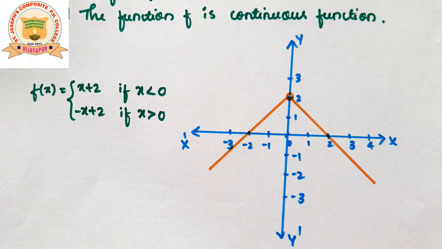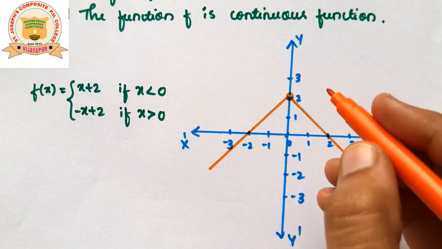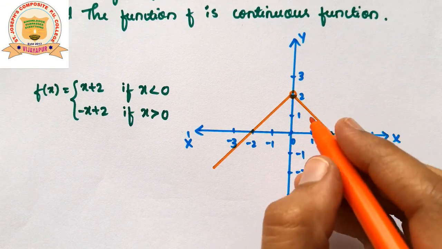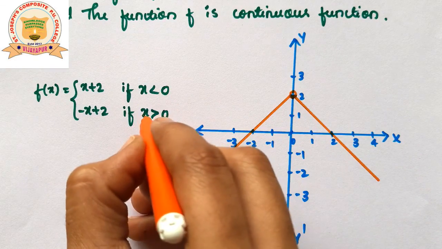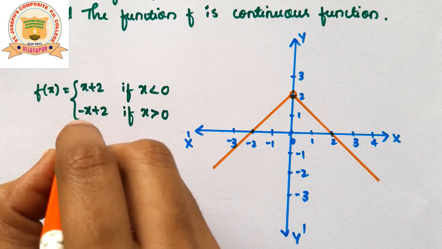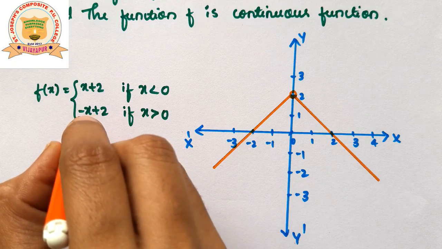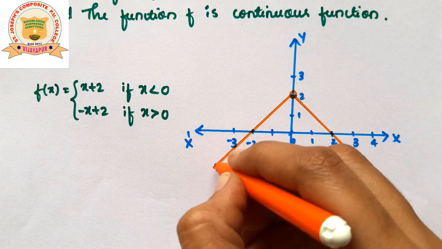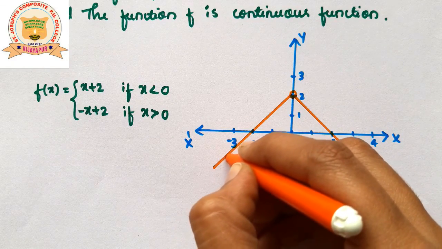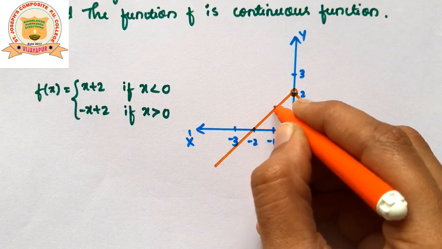If you see the graph of this function, we will get the graph like this. For x less than 0, the function values are like this. And for x greater than 0, if you draw the graph, you will get the graph like this. For all these points, the graph is continuous. See, without lifting the hand, we can draw the graph for all these values.